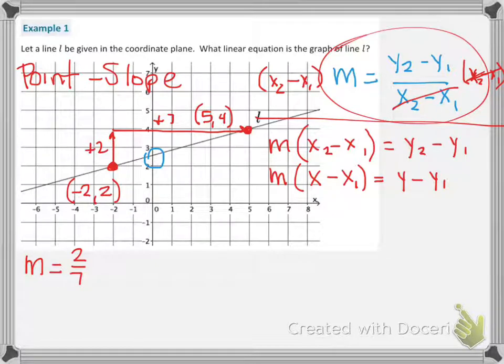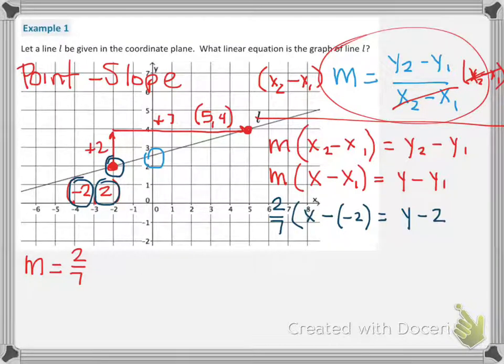And then we just need a point. It doesn't matter which one we choose. Any point on a line will help us to write this. I'll use this one. And then we're going to use our point slope form of a line. The slope is 2/7 times x minus our x, which is -2, so that's a +2, is equal to y minus our y, which is 2.